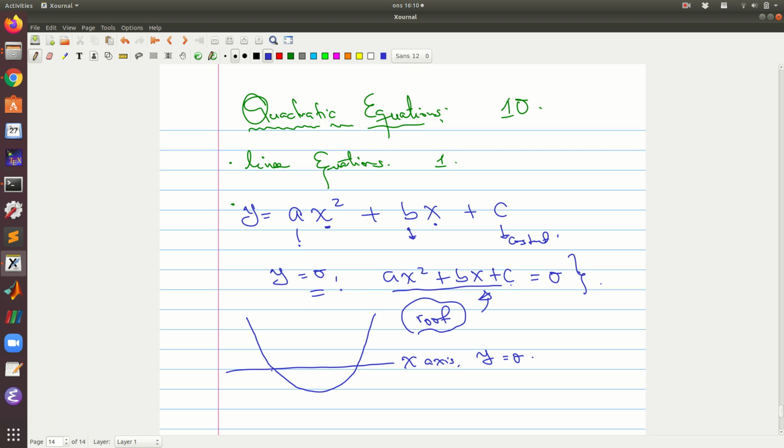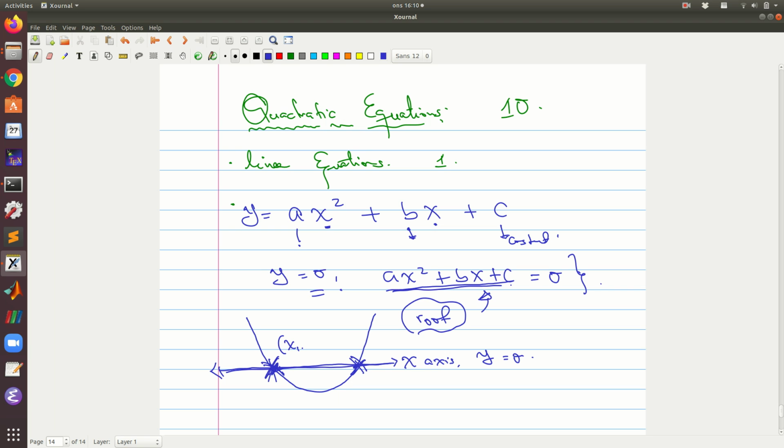Okay, so the point I'm trying to make here is that the curve that describes this quadratic equation, where it cuts the x-axis, or the line y equals 0, we're interested in that particular x value here.